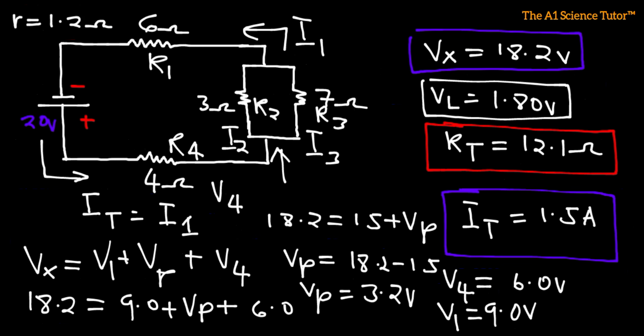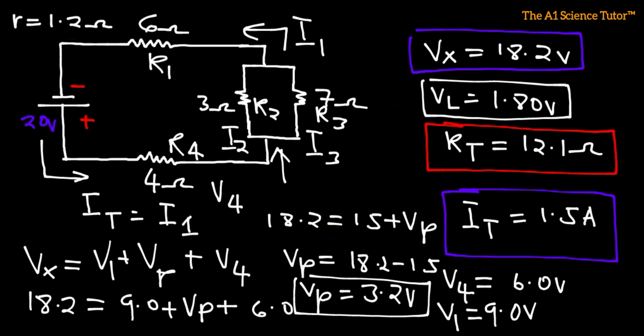So we have 3.2 volts left to actually go through this particular parallel connection. And that is actually reasonable. We know that for a parallel connection of resistors, the voltages are the same.